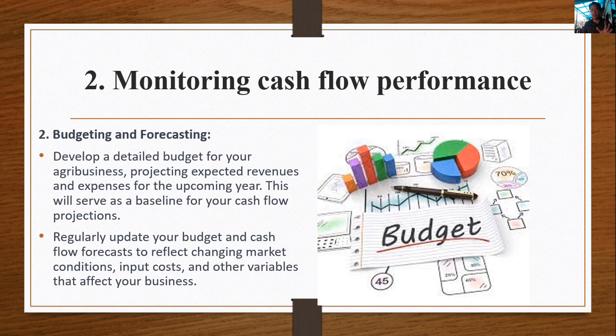Because prices or marketing trends are updating, so you also need to regularly update your budget and cash flow forecast in order for you to have an updated analysis and also a basis for your decision making.